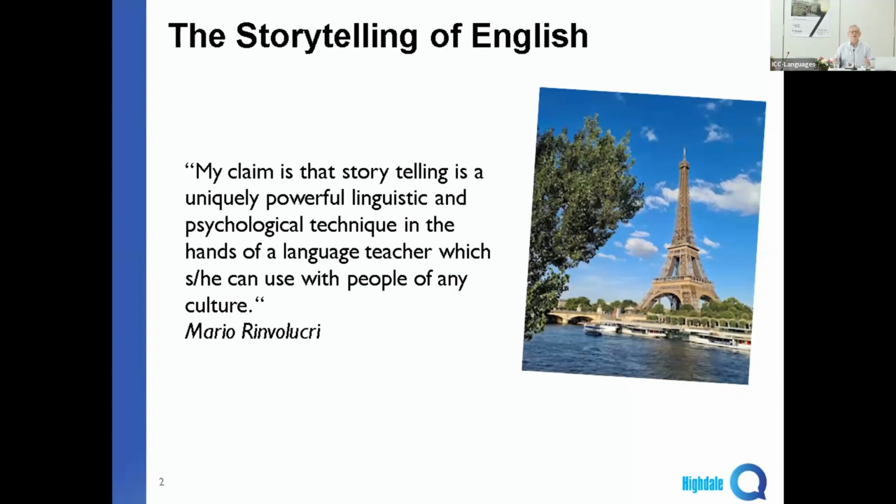But this is a very common photo in the textbooks that are being produced for English language teaching. And usually the lesson is about, let's tell a story about a wonderful weekend we had in Paris. And let's write about where we will go in Paris and what we will do and blah, blah, blah. And I think, okay, fine, but what's this got to do with English? I mean, at least do a picture of London or New York or Vancouver or something interesting.